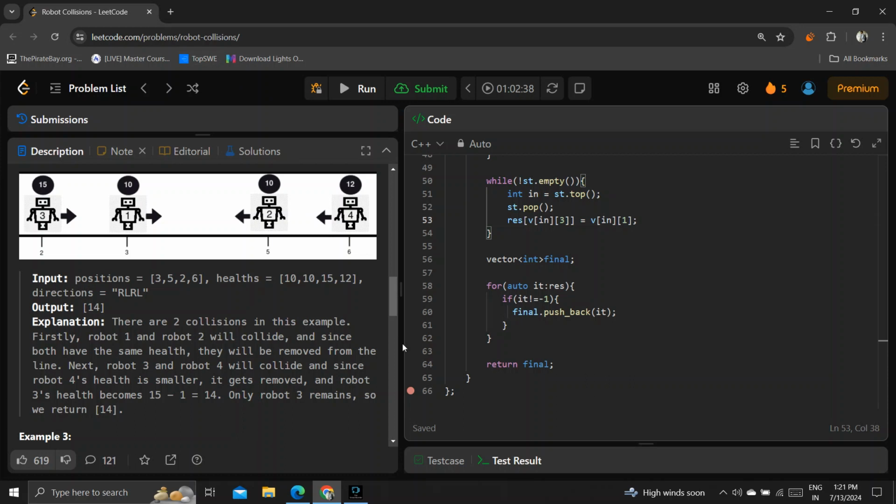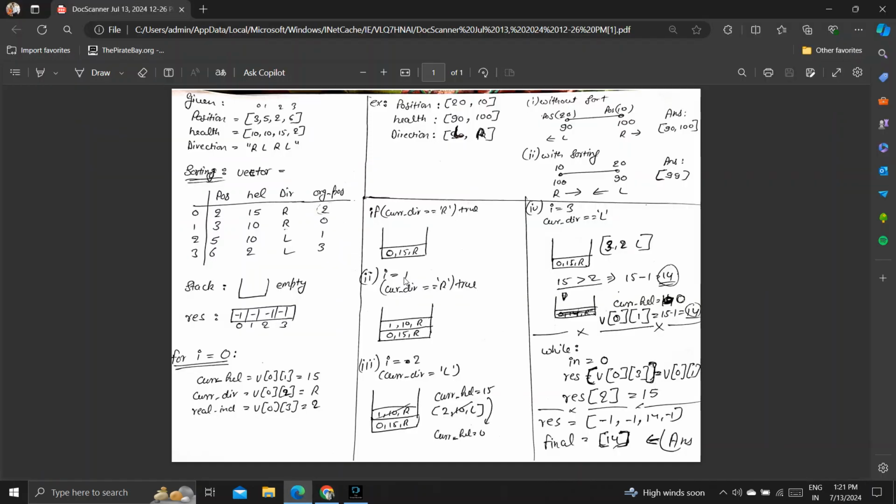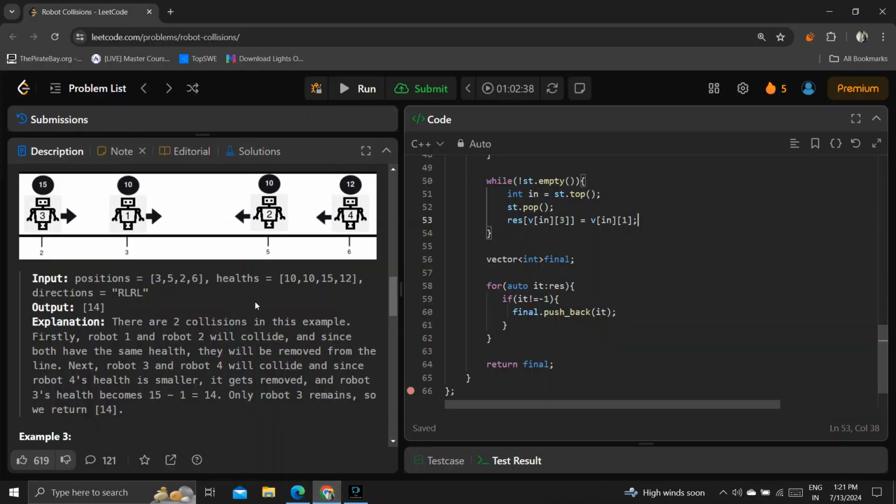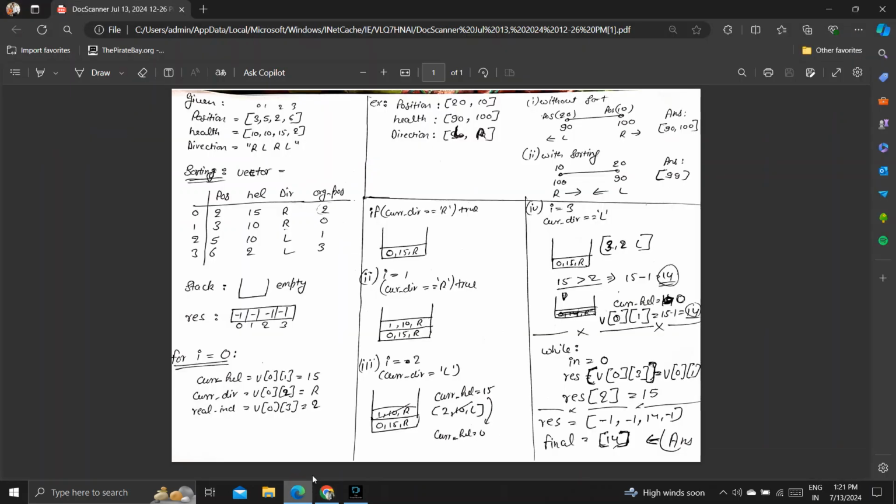Okay, now simply a dry run. Here I have taken one case, positions R3. This is the case that we were talking about earlier, like this whole tree. Health is given, direction is given. Firstly, we will sort this particular vector. After sorting, see the positions changed completely.